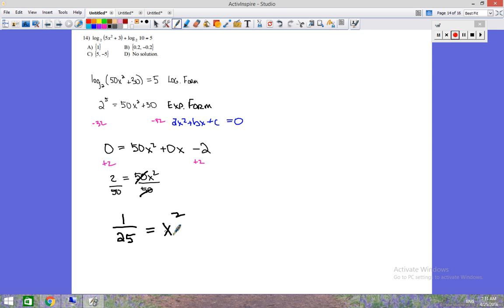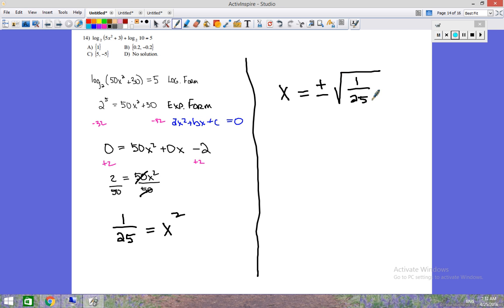Now if we take the square root of both sides, we get x is equal to plus or minus the square root of 1 over 25. When you have a fraction, you can take the square root of the numerator and denominator separately, and the square root of 1 is 1, and the square root of 25 is 5.